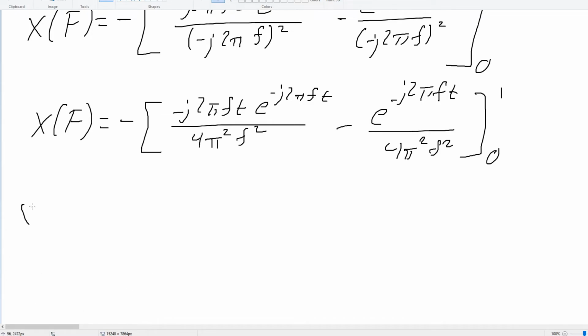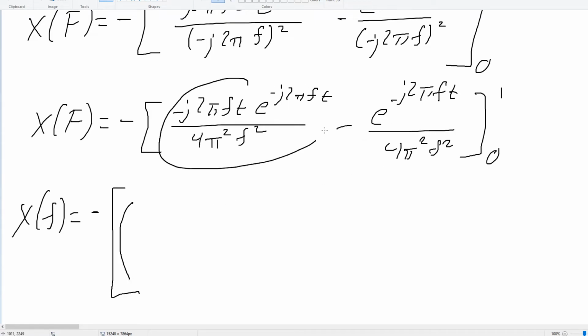This is X(f) is equal to negative, let me just draw a really big bracket over here. So it's going to be the first part, so we're going to put in 1 to everywhere we see t over here and over here. So let's do that.